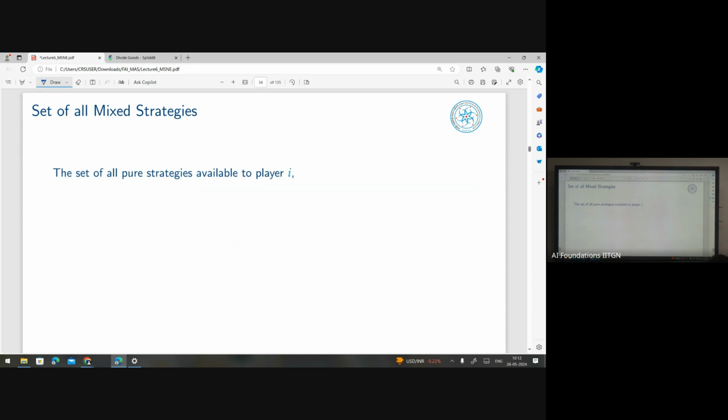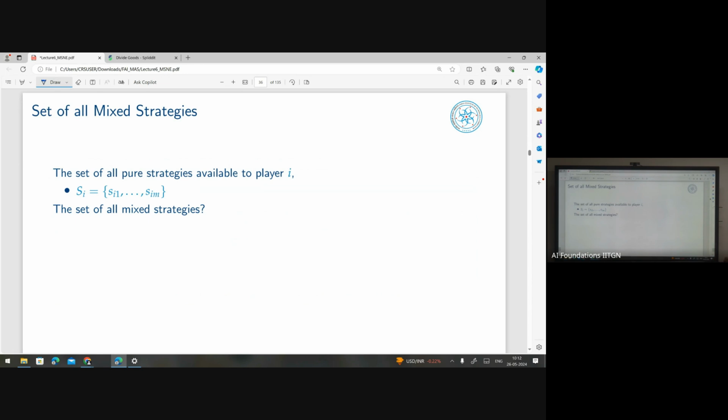Next, we'll see how you define the strategic form game when there are mixed strategies. So this is the set of all pure strategies available to player i. What is the set of all mixed strategies available to the player? How do we define the set of mixed strategies from where he's sampling?